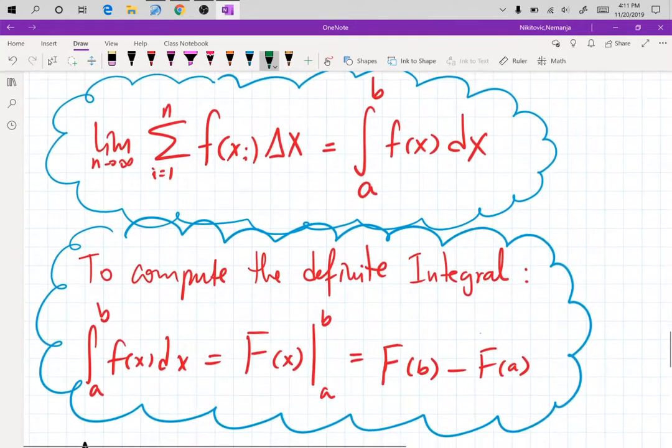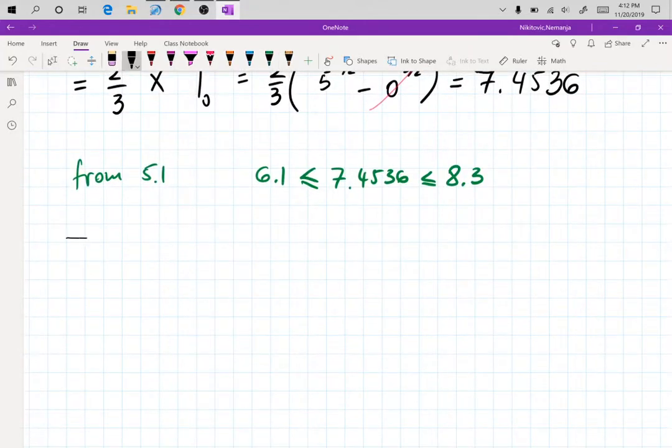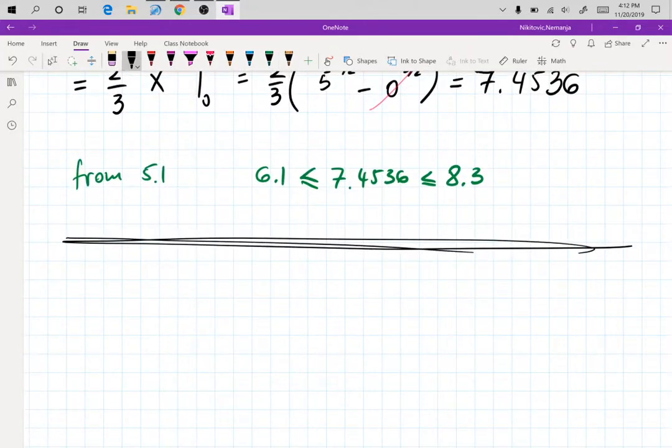Now, it's important to understand that the pitfall of the problem of computing the area is that the function must be above the x-axis. If any part of the function dips below the x-axis, you are going to create negative area. It will subtract from the area on top, and you will get the wrong answer.